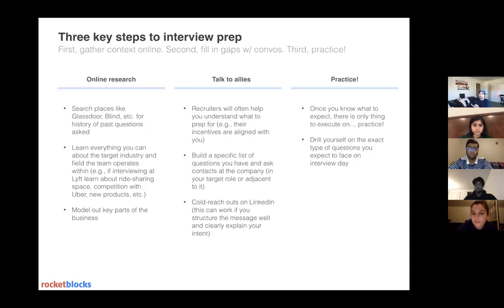But you don't have to use RocketBlocks to do this. There's a million different ways to practice these questions. If you sort of know what to expect, just go through the questions, maybe sit down with friends, drill each other on them, ask for feedback, etc. But the bottom line is practicing will help a lot.